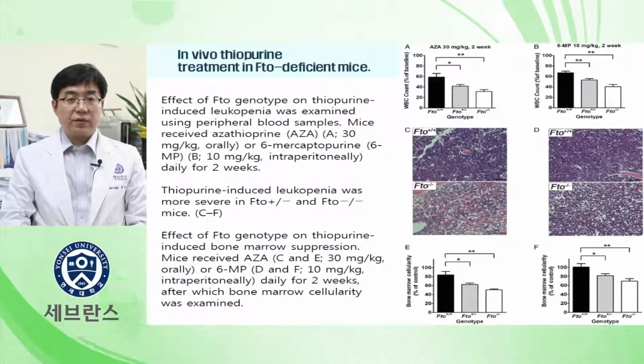In our in vivo study, we found that the decrease in white blood cell count was more profound in both FTO hetero and FTO knockout mice. Similar results were observed in experiments with 6-mercaptopurine. With these data, we found that FTO knockout and FTO heterozygous mice were more susceptible to thiopurine-induced myelosuppression than wild-type mice.